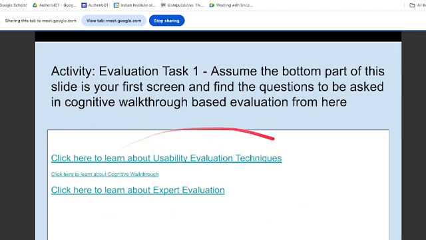Suppose the part of the screen that is in white is my main application screen. I see two things in big font and one in small font. As a new user, I might think I have to go through this one, so I will maybe click on expert evaluation first.